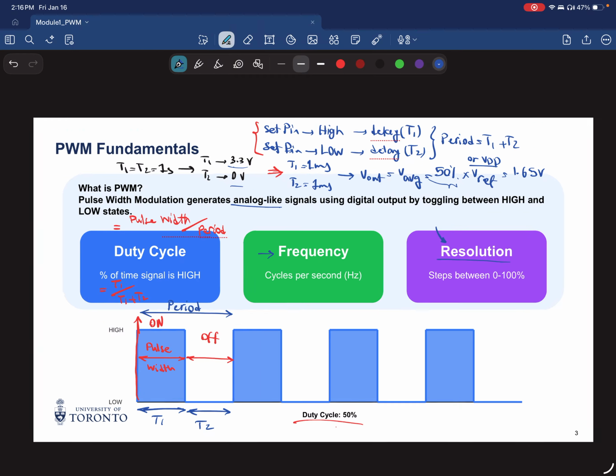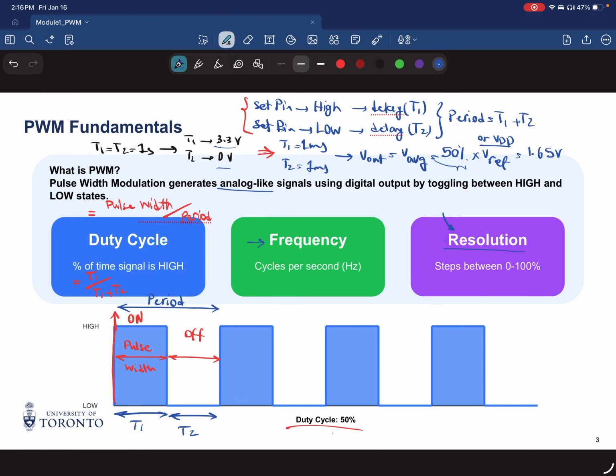We achieve a resolution that is even higher than the resolution of a DAC, with the timer's period, basically, and we will explain this. So the resolution is what makes the PWM signal a smooth analog one.